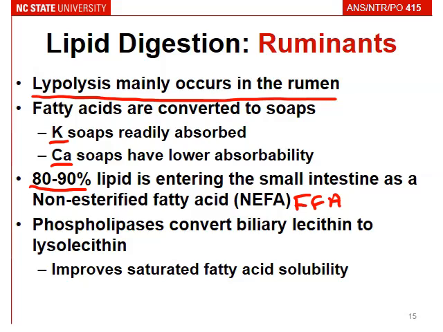Our potassium soaps are more readily absorbed than our calcium soaps. And then our phospholipases convert biliary lecithin to lysolecithin, and that improves saturated fatty acid solubility.